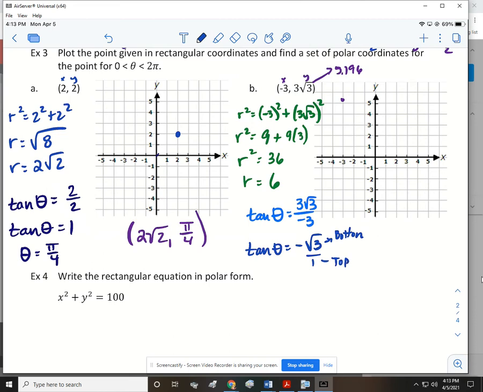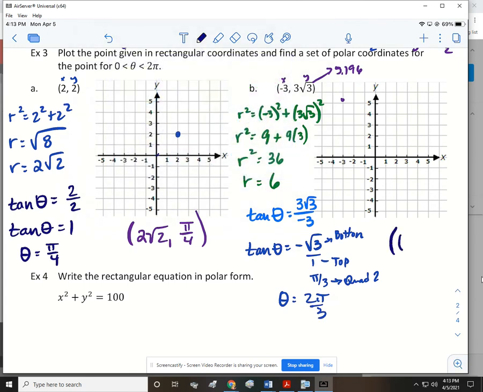So that's going to match up with the pi over 3 finger. However, that point, like pi over 3, is not in quadrant 2 like our point is. So what we need to do is think about what pi over 3 is in quadrant 2, and that is 2 pi over 3.